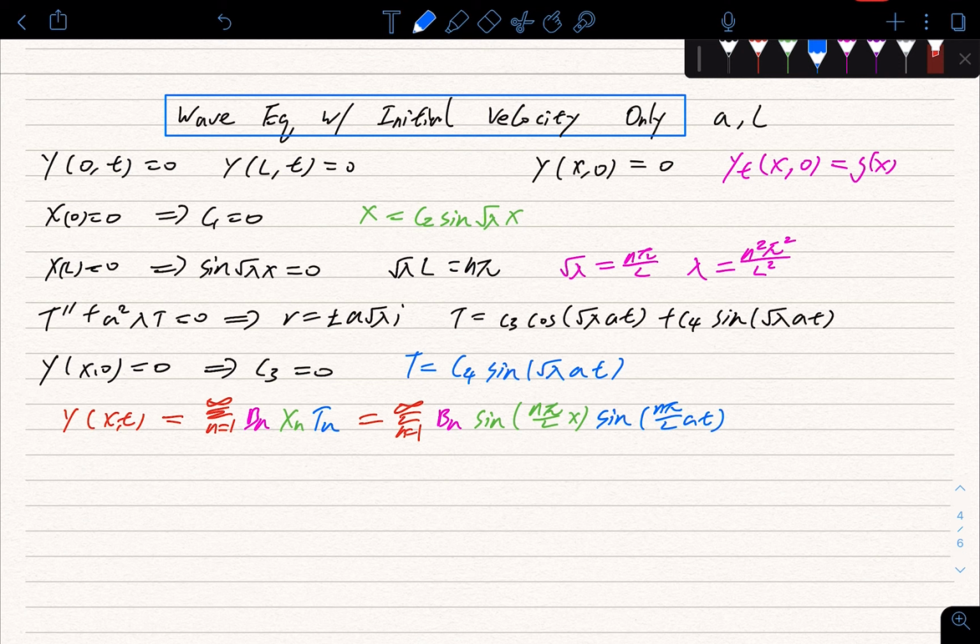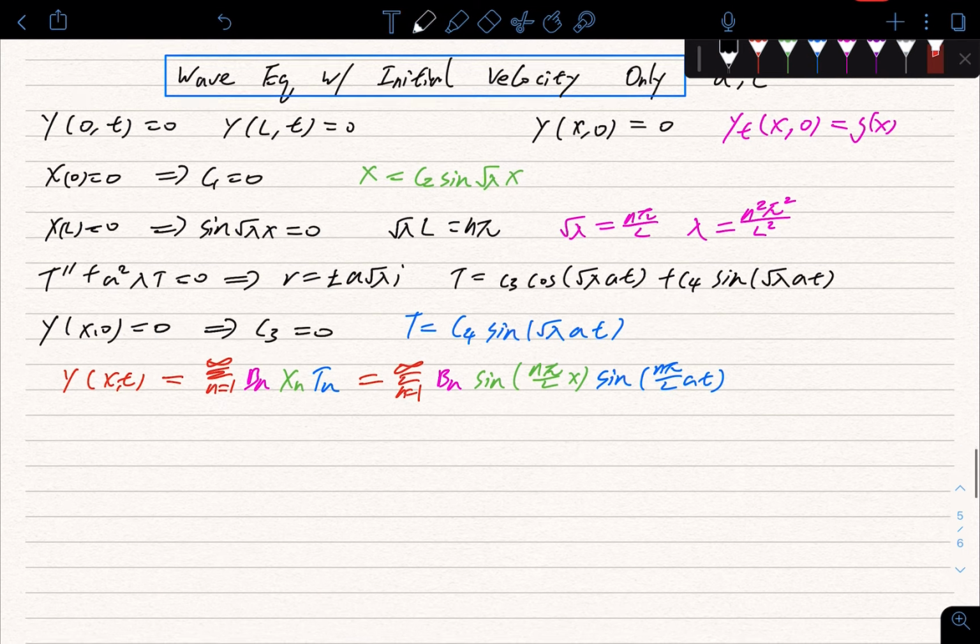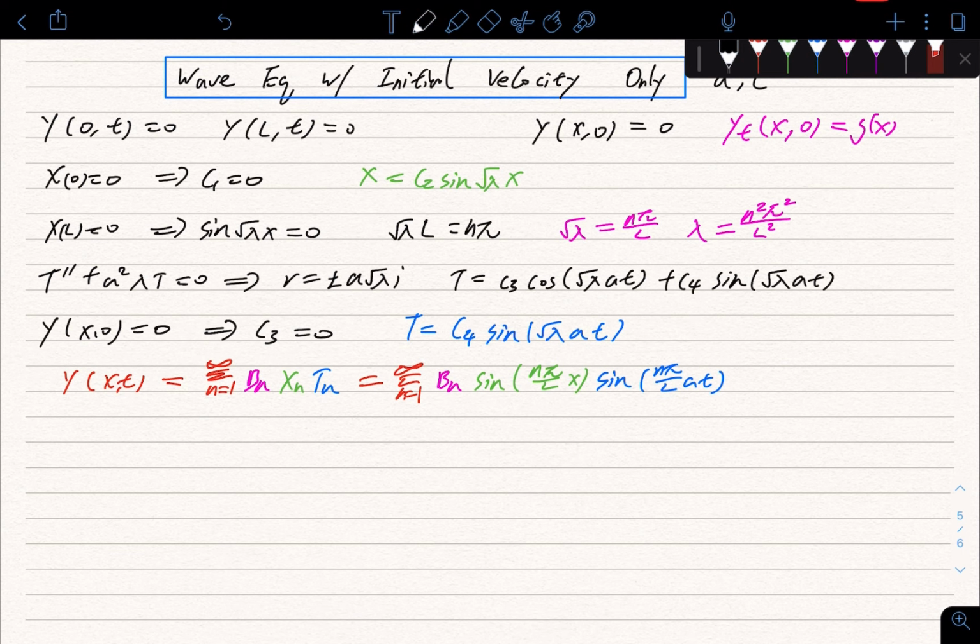So this is our solution for the initial velocity only term.